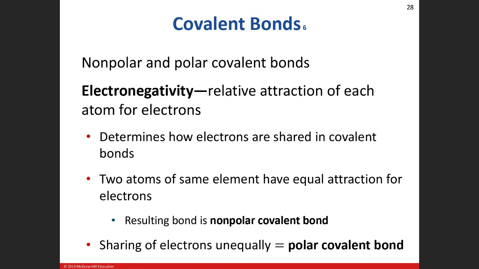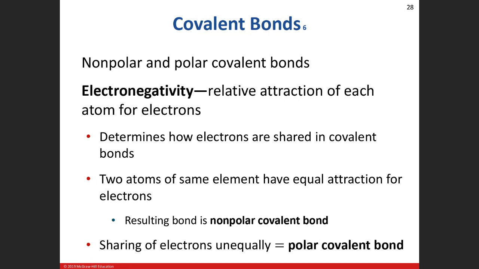So a more electronegative atom is going to pull the pair of electrons closer to its nucleus and further away from the other atom's nucleus.